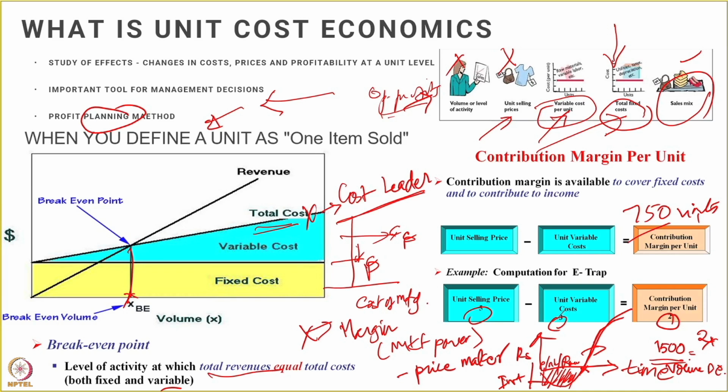If this business needs to deliver a minimum 15% return to those who have contributed to the setup cost, then the target profit needed for this business in a year's time is about 15% of 1,500 rupees, which is about 225 rupees.